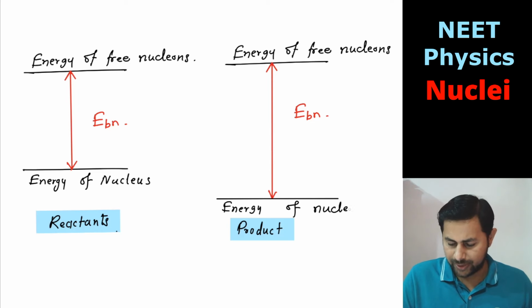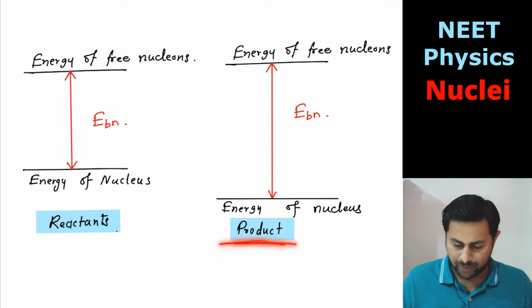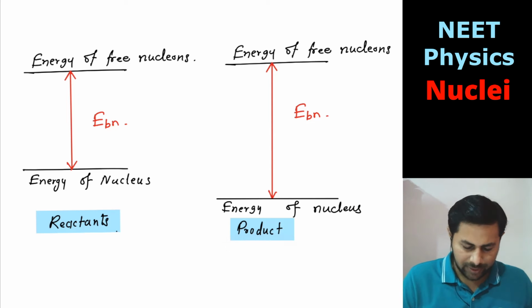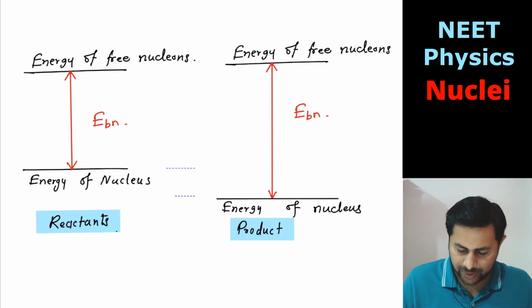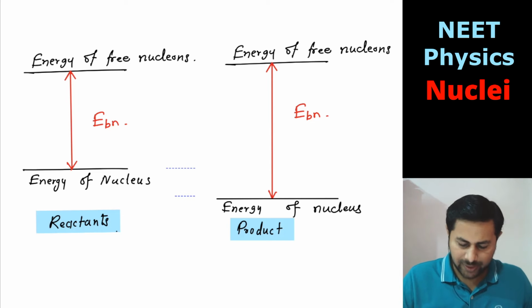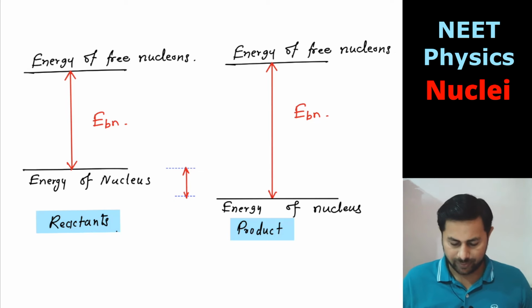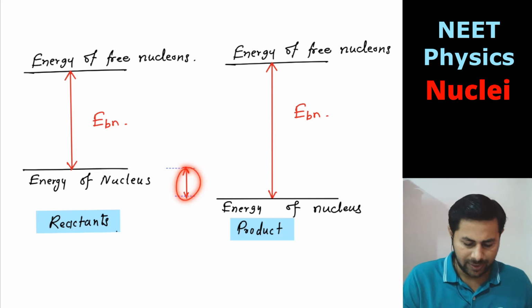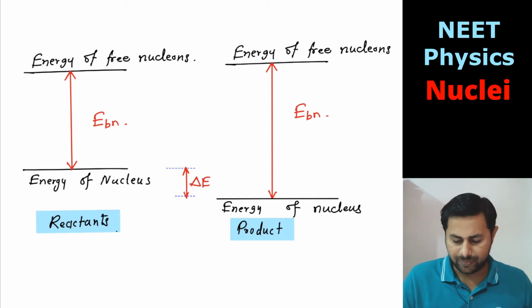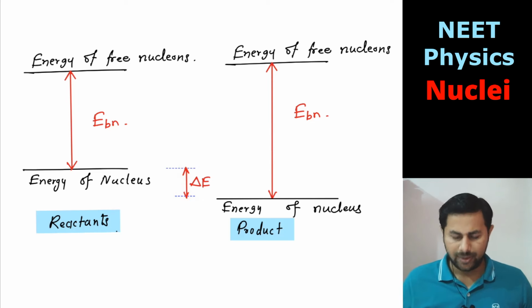Energy of the nucleus, but which nucleus? Product. So there is this much difference between their energies. And where does this energy go? This much amount of energy difference would be emitted, right?